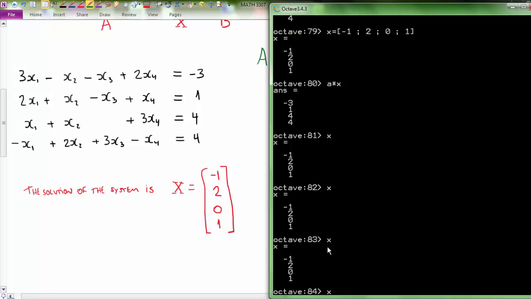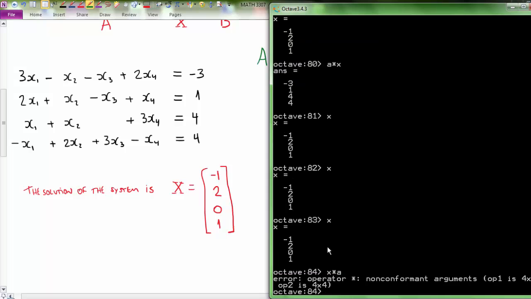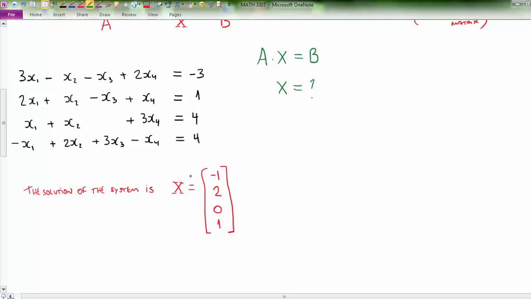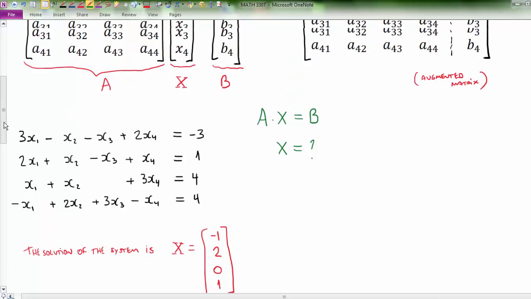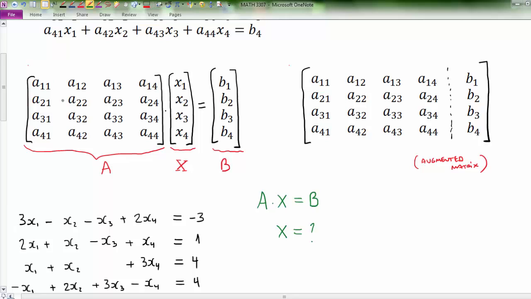It doesn't make sense to do x times A. This will give an error because, as you know, matrix multiplication is not commutative, because then you're trying to multiply a column matrix times a matrix. It doesn't work because it's always multiplying row times column, and they need to match. Like if you multiply this row times this column, they need to match in the number of entries, in the number of numbers that are in them. So matrix multiplication is not necessarily commutative.